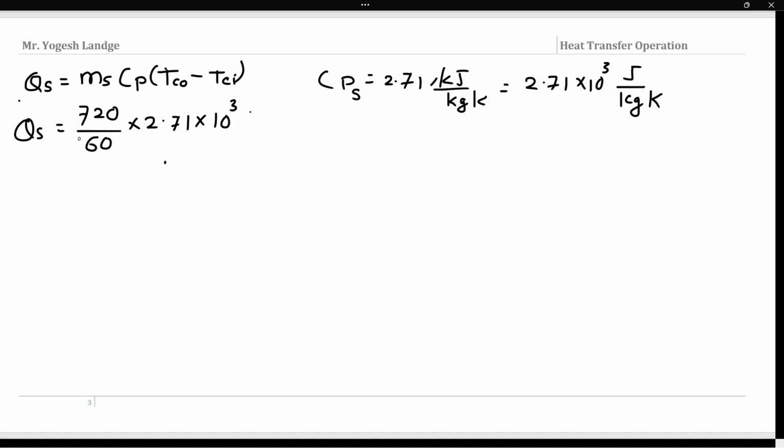So I'm just taking this, and the outlet temperature is 350 of the steam, and inlet temperature is 180, that is entry temperature. Okay, so once I do the calculation of this one, I got a value of heat transfer rate for the steam.